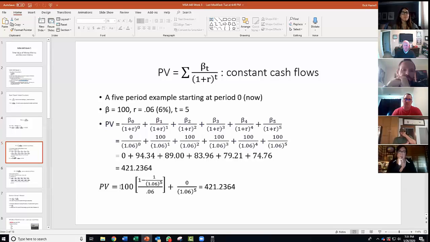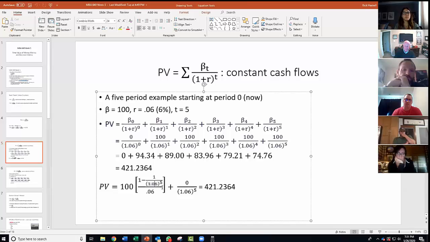And you'll notice that if I apply the present value of an annuity equation, I get the same number. That's because an annuity equation is for a set period of time at a constant discount rate and a constant payment. So the payments don't change, the discount rate doesn't change, and time is specified.